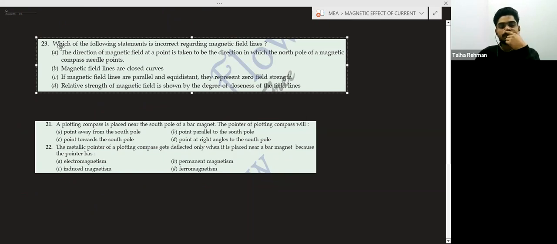This question is, which of the following statements is incorrect regarding the magnetic field lines?